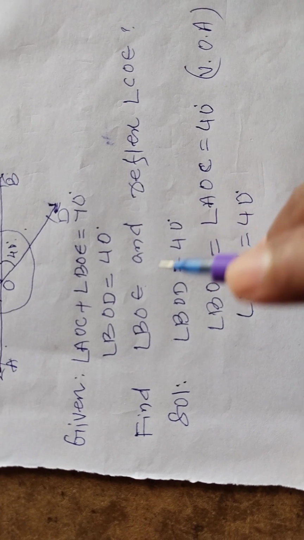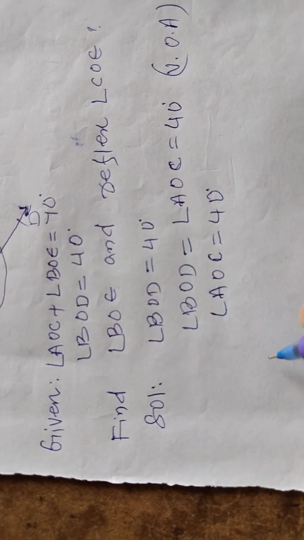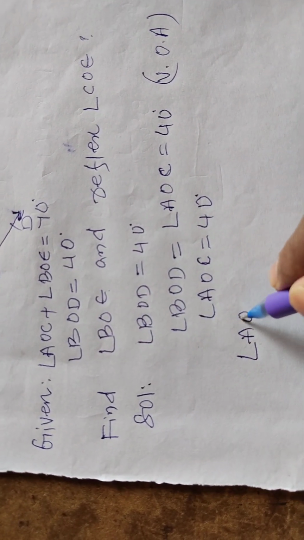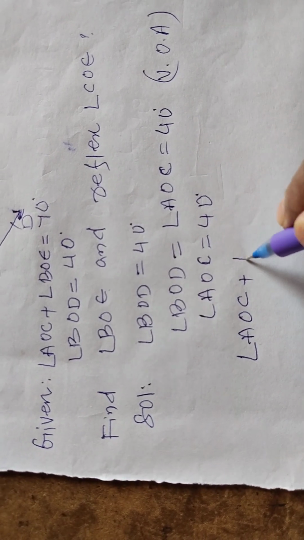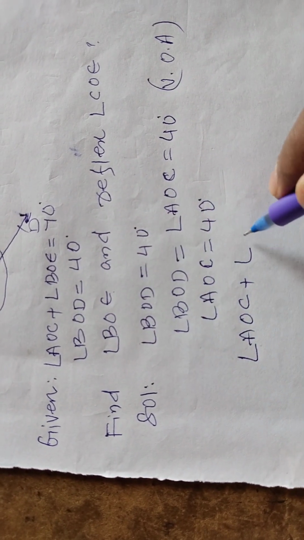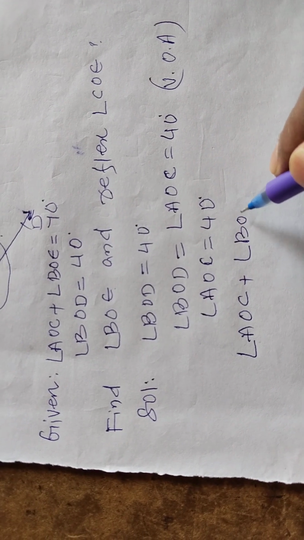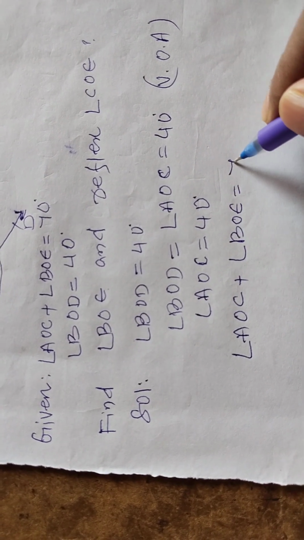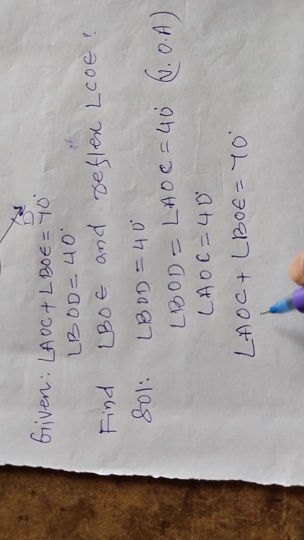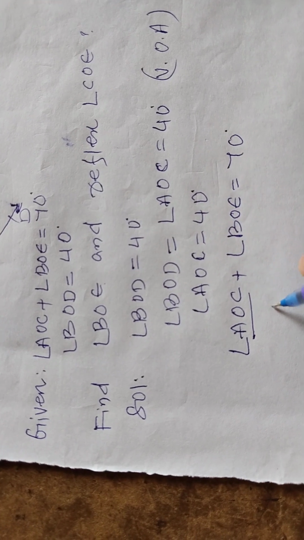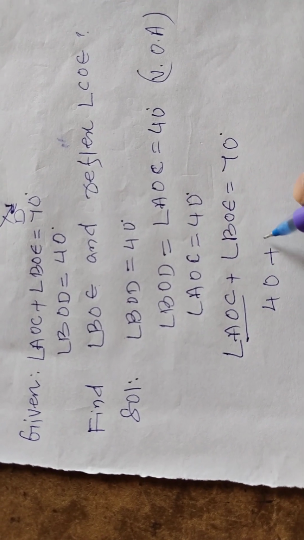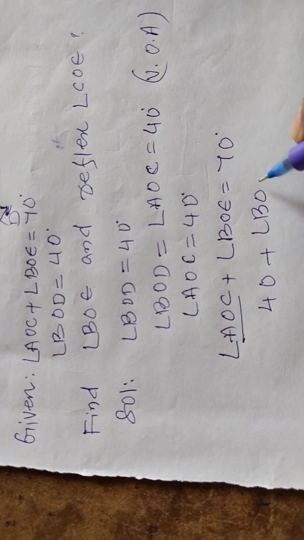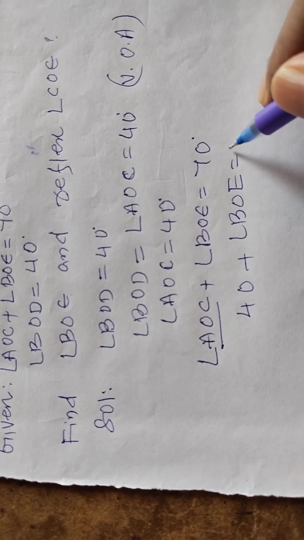If AOC is 40, then we have to find BOE. Angle AOC plus angle BOE is equal to 70 degrees, as given. Now we know that angle AOC is equal to 40 degrees, so 40 degrees plus angle BOE is equal to 70 degrees.